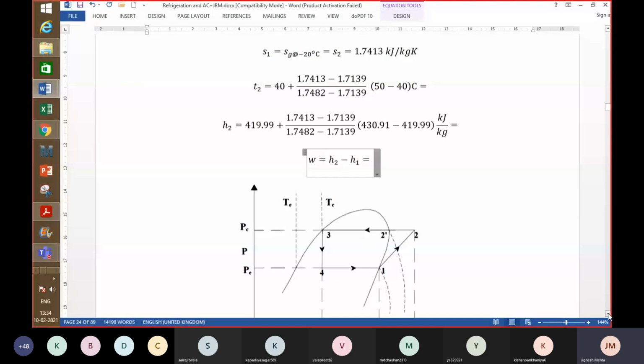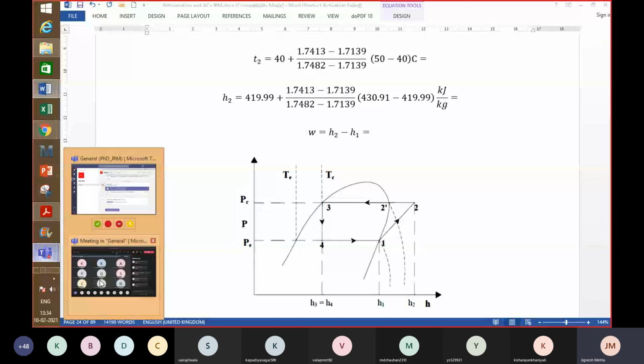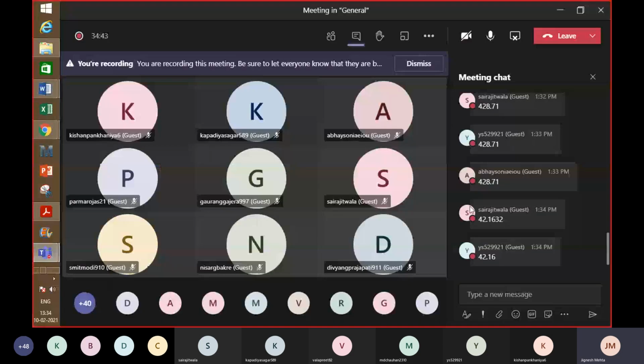And simultaneously, you can also visualize the process on the pH diagram. And finally, I will also be drawing it on the pH diagram. So work seems to be 42.16.